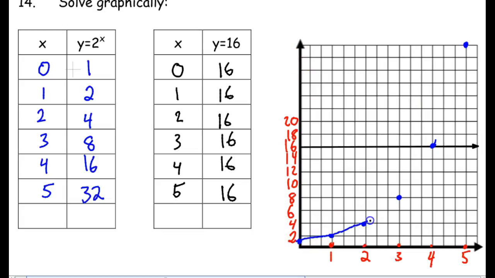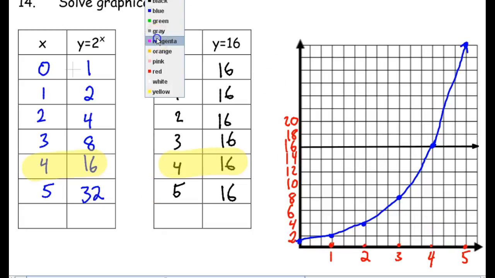Now the answer is where these intersect, which you can already see from the tables. So once we saw this happen, same coordinate, we knew 4, 16 was the answer. The x is the answer. X equals 4 is the answer, which we can see here from where they intersect.